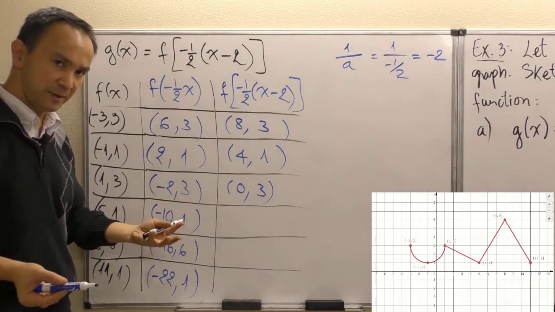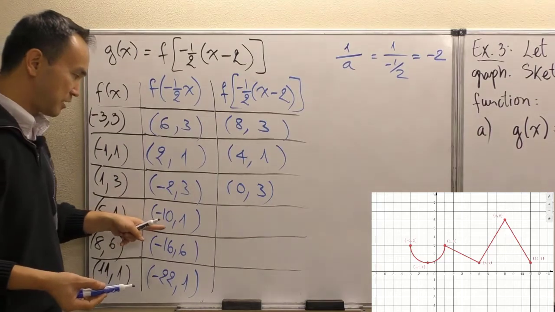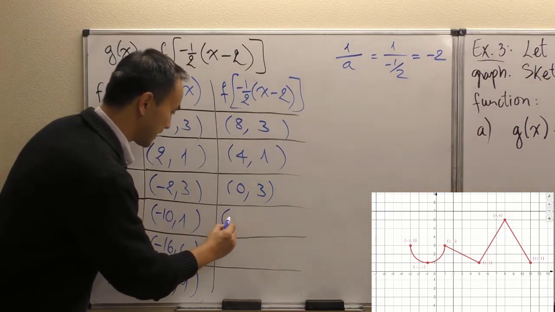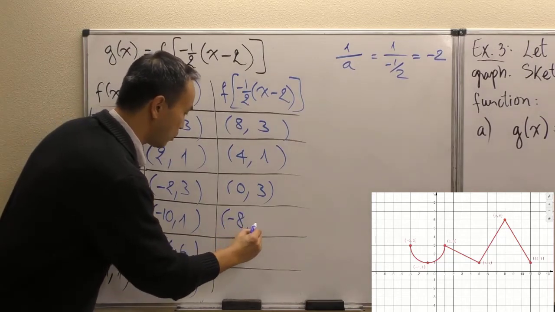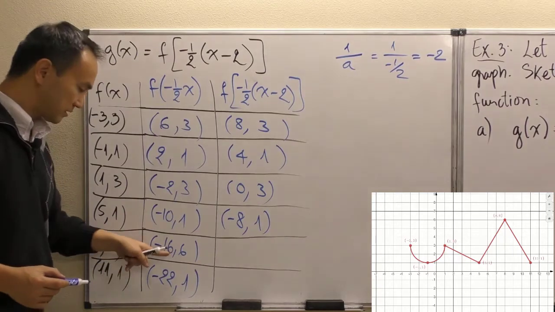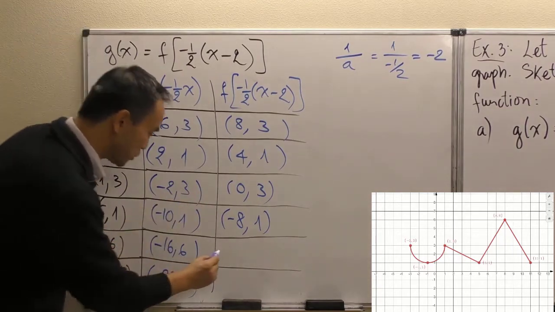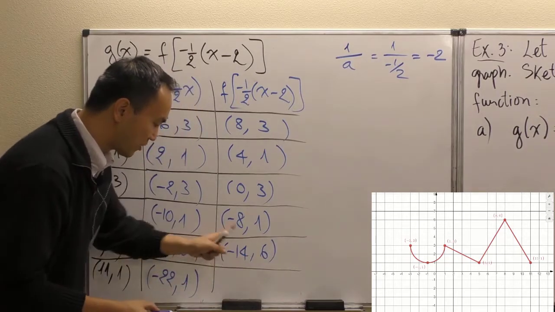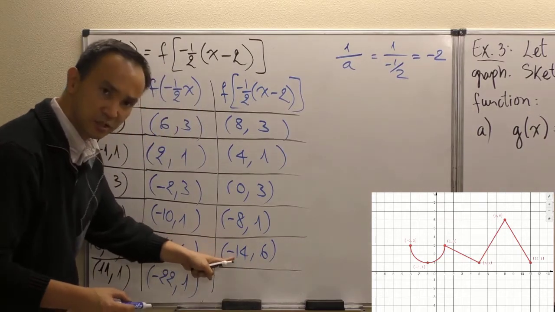And now I can really pick up the pace right here. Negative 10 comma 1: negative 10 plus 2 gives me negative 8 comma 1. Then negative 16 comma 6 will be transformed into negative 14 comma 6. Nothing's done with the y value; only the x value is added to.